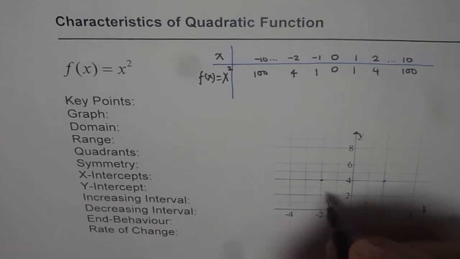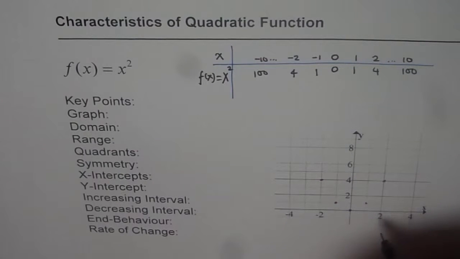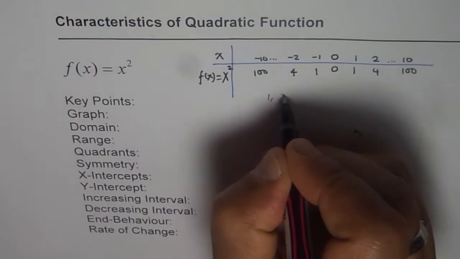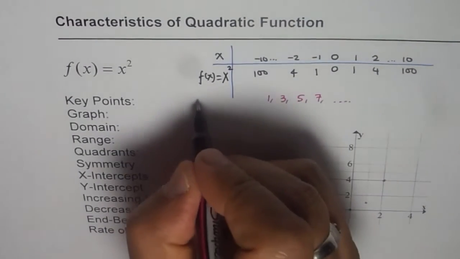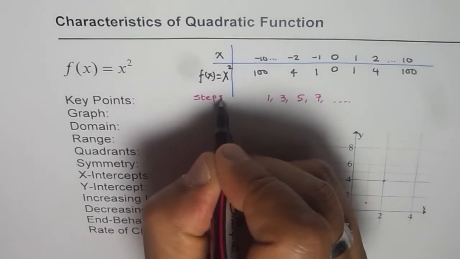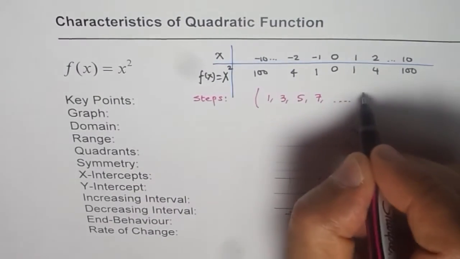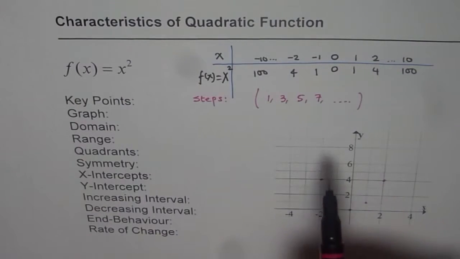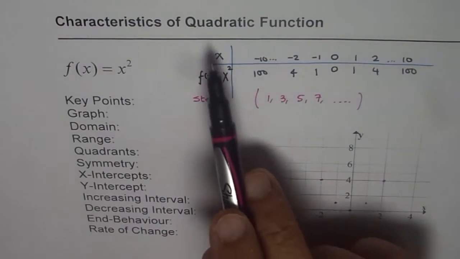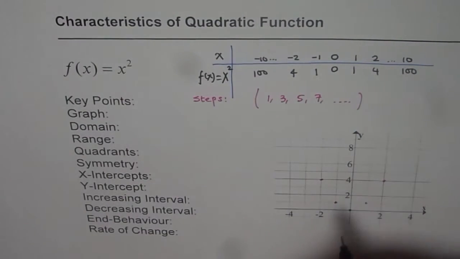To draw the graph of a parabola, I would also like to share another important criterion: there is a step in which we can move, and the steps are 1, 3, 5, 7, like this. These are the steps in which a parabola moves. When we sketch a quadratic function, we locate the vertex.